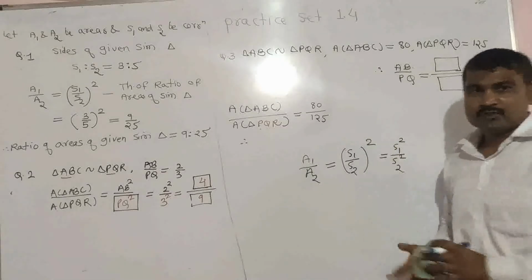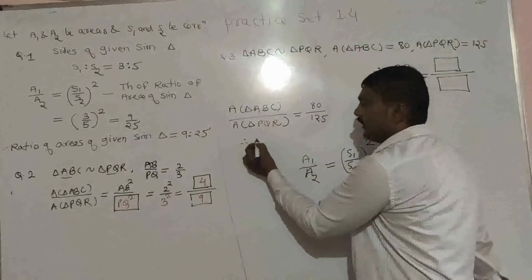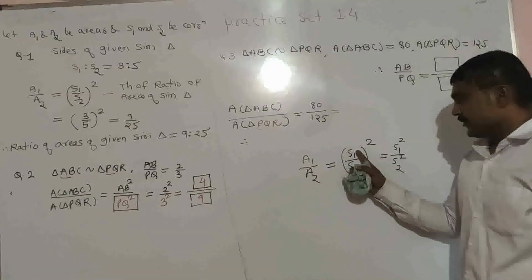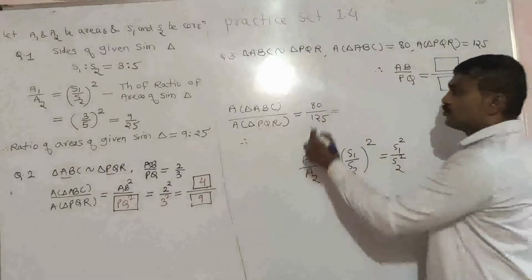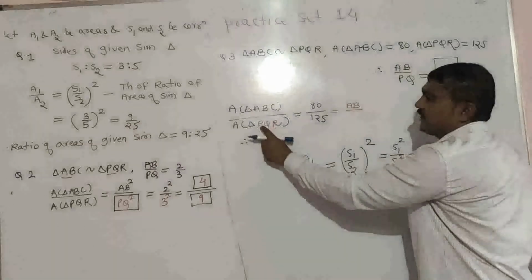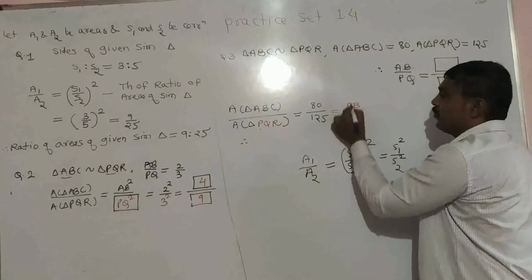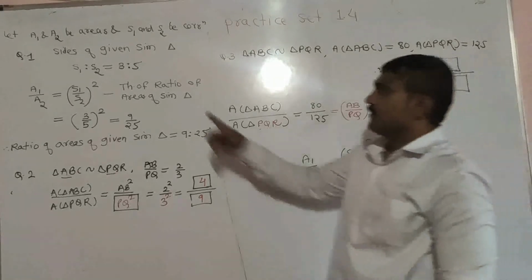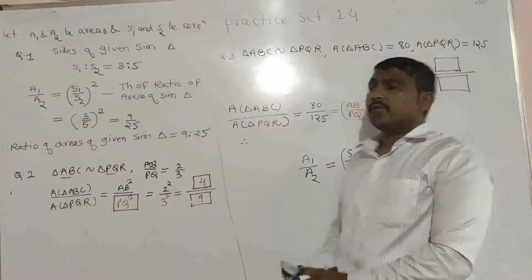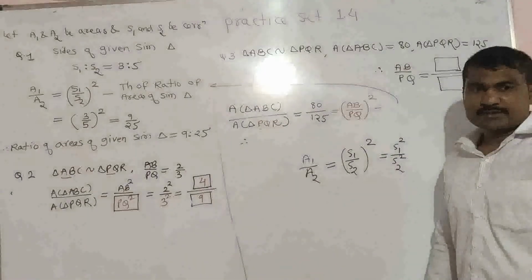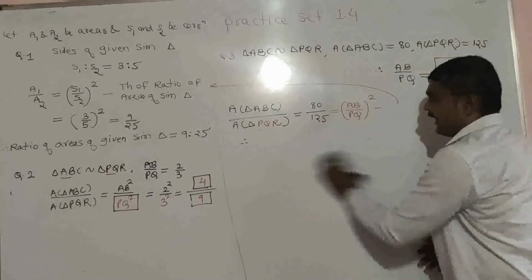So I am writing the formula S1 upon S2 whole bracket square, that is AB upon PQ whole bracket square. The reason is the same: the theorem of ratio of areas of similar triangles. So I am writing now.